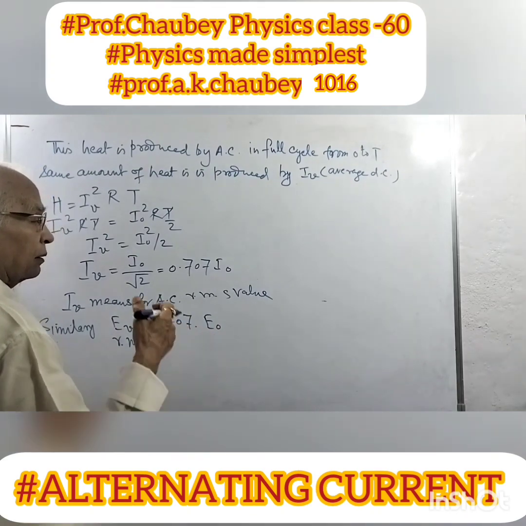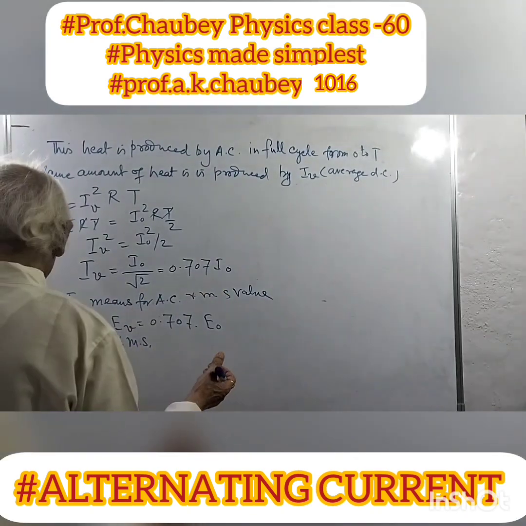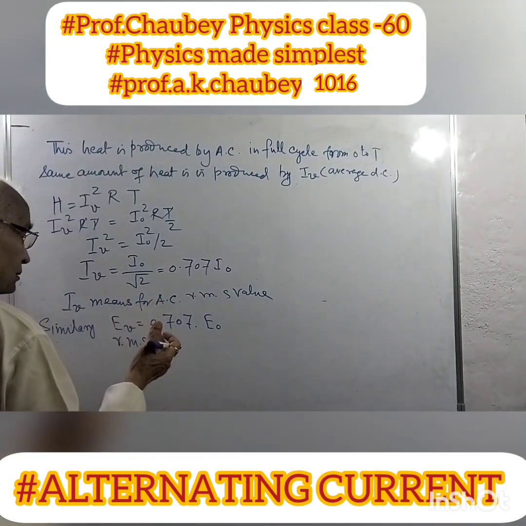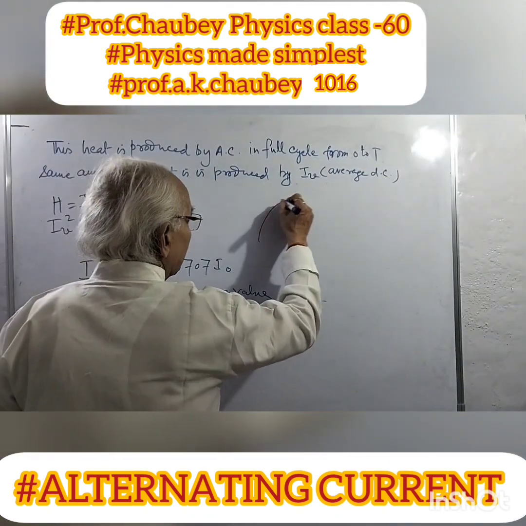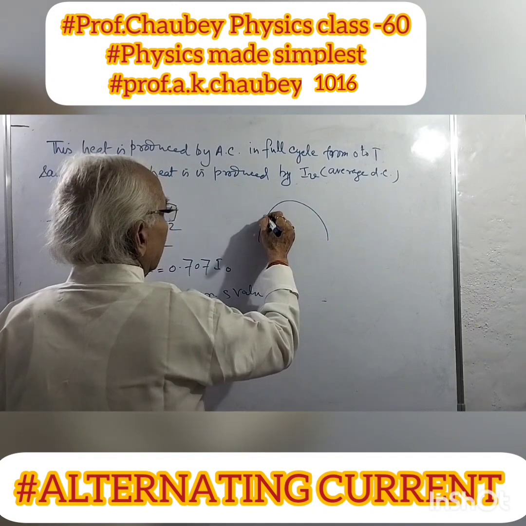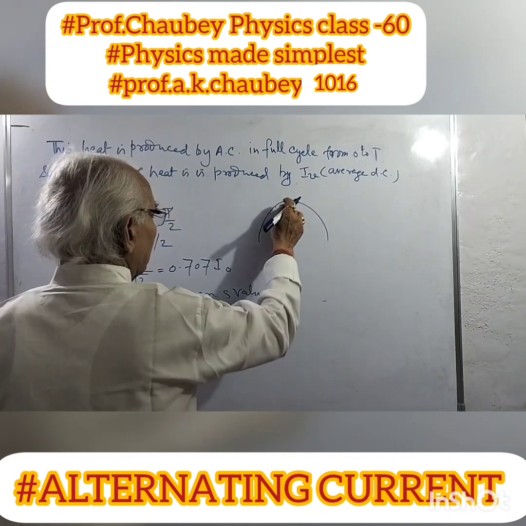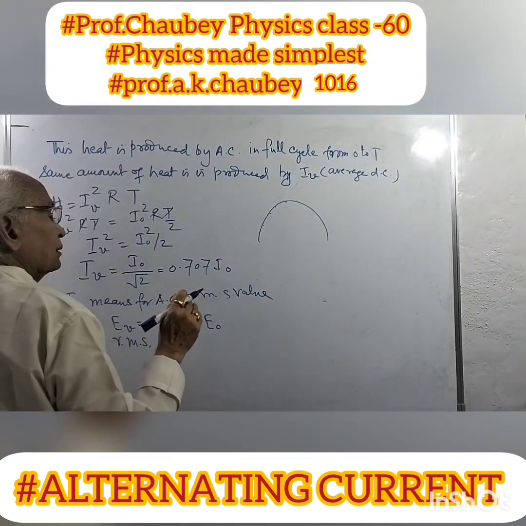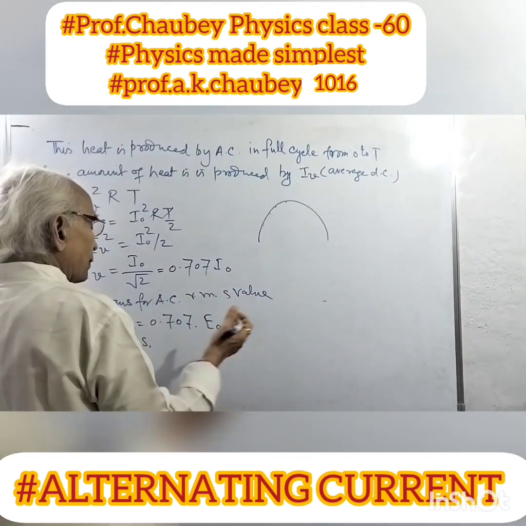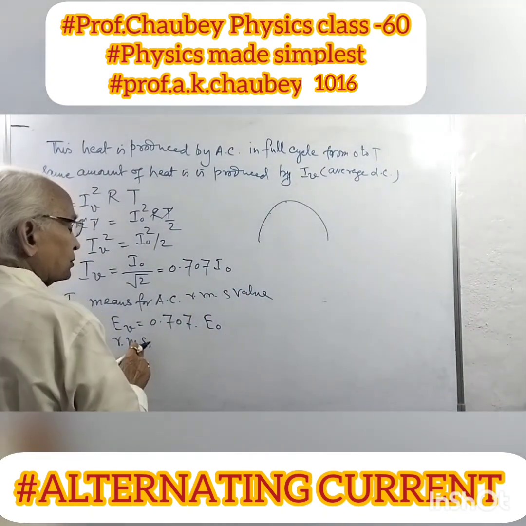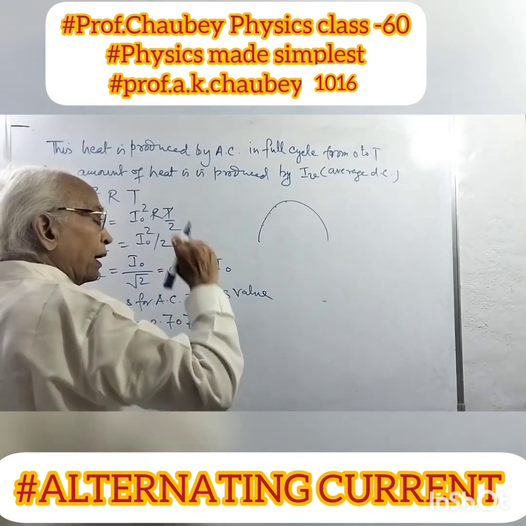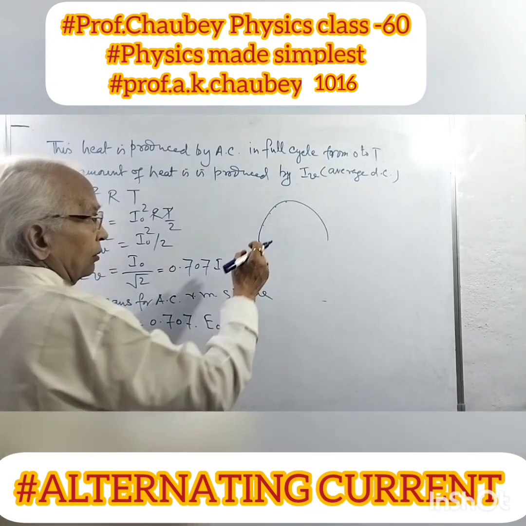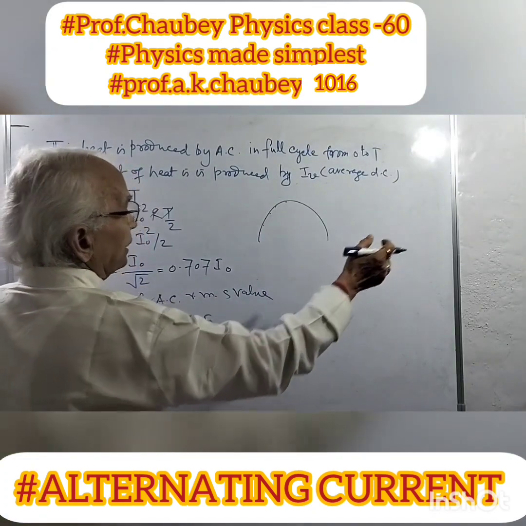Root of the mean squares. For the current over a full cycle, the currents have different values, peak values, and then you take the square of that, the mean of the squares, and then the root.